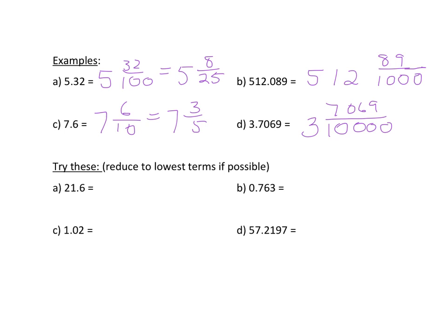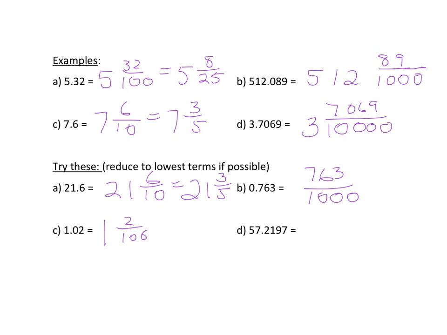So 21.6 will be 21 and 6/10ths, which you can reduce to 21 and 3/5. 0.763, there's no whole number part there, so it's going to be 763 1,000ths. Question C is 1.02, 2 decimal places.